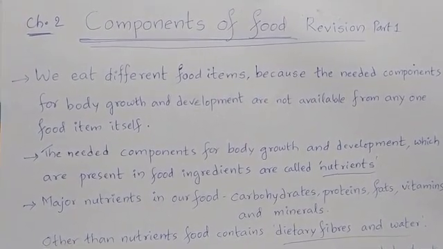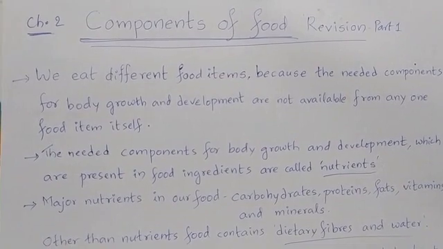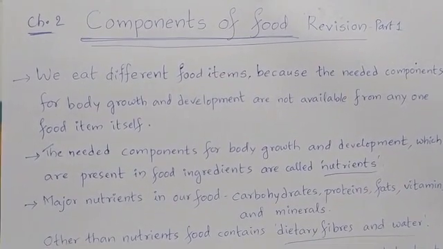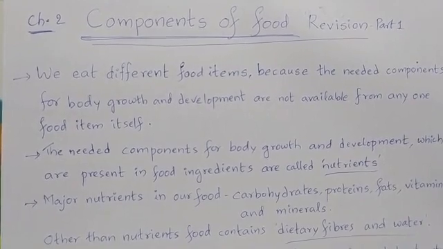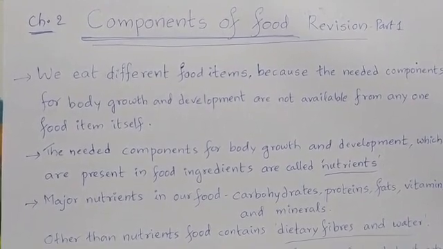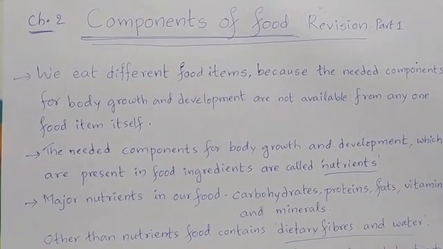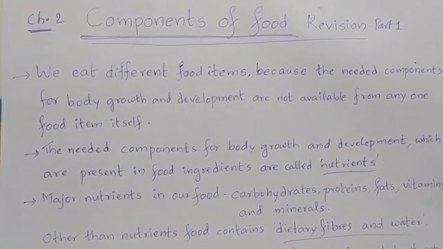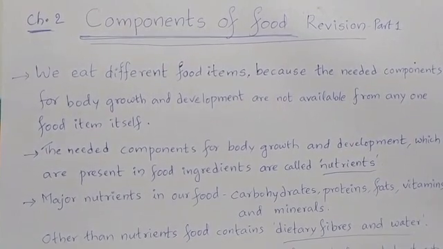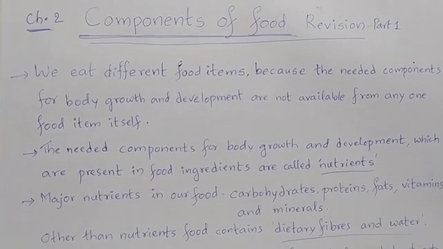For our body growth and development, certain components are required, which we get by eating food. But all of these needed components are not available from any one food item itself.